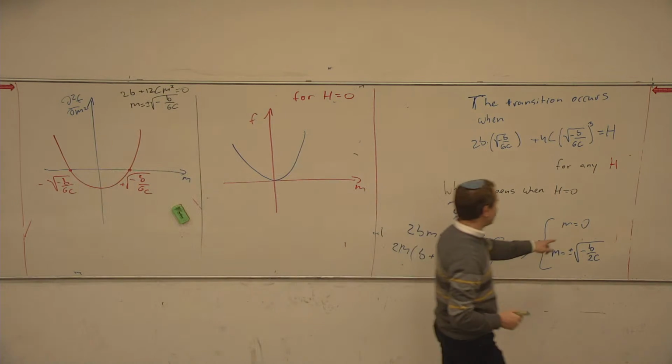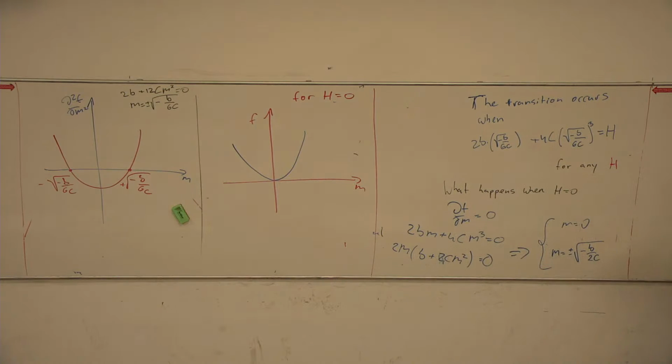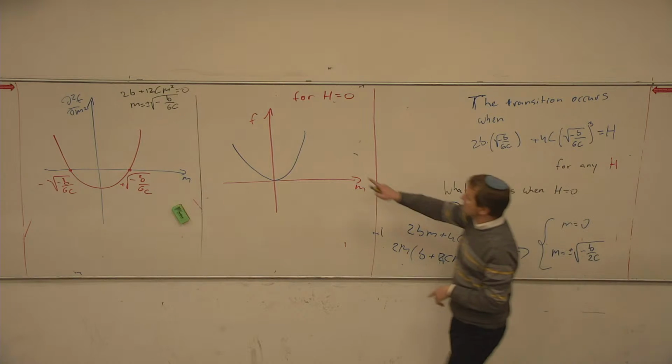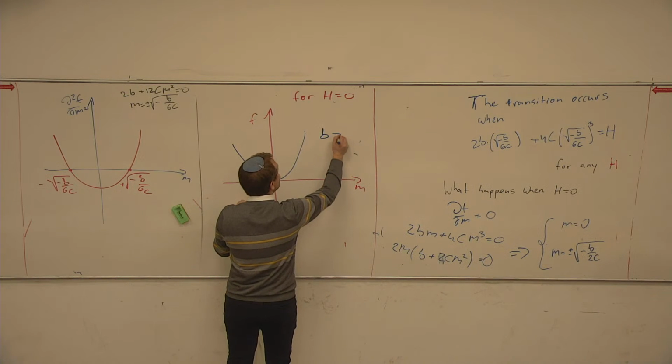When there is only one solution. When b is positive. C is always positive, right? C is always positive, so it's going to depend on b. Either we have one solution or three solutions, okay? So this is b larger than 0.